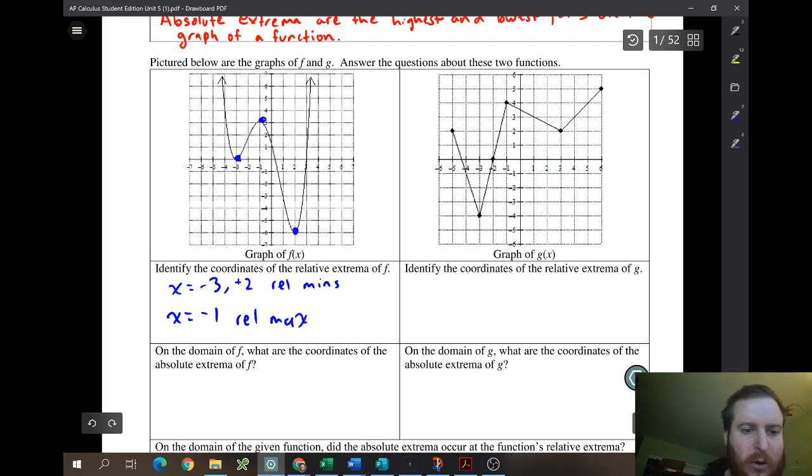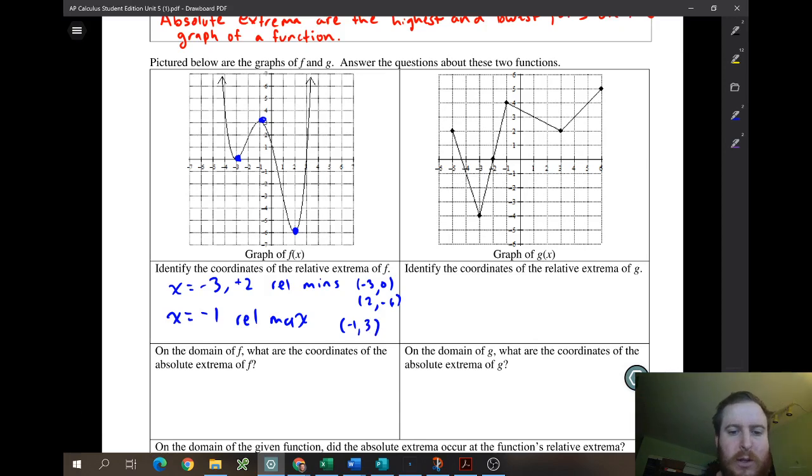If we wanted the full coordinates, we would say -3, 0, and 2, -6, and then -1, 3 for our relative max. So those are our coordinates.